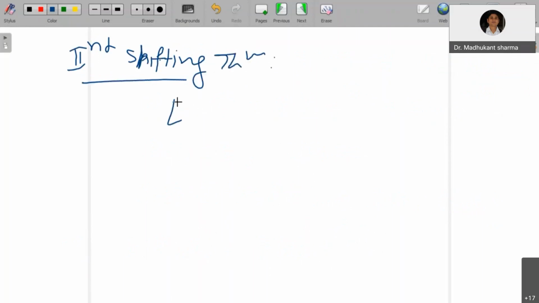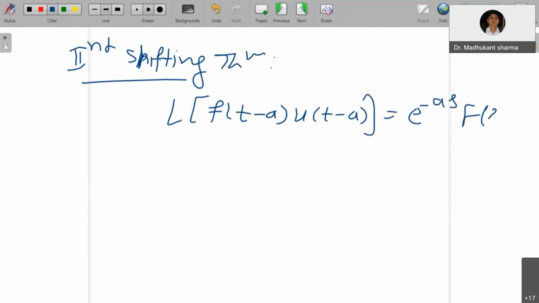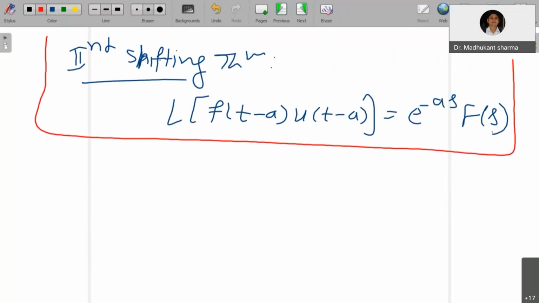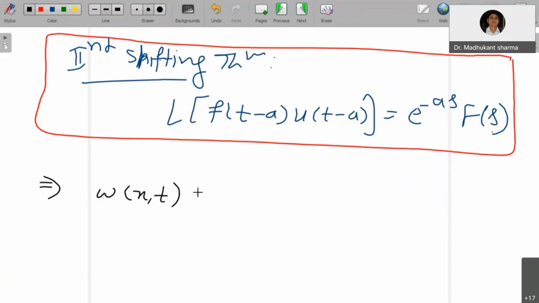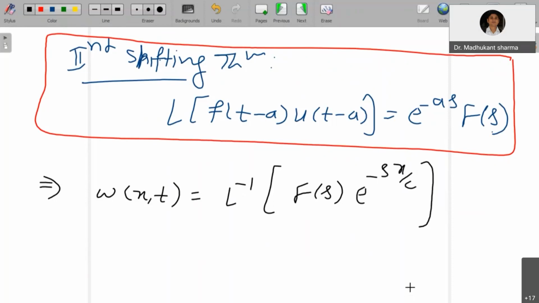The Laplace transform of f of t minus a into u of t minus a, the unit step function, is equal to e to the power minus as times f of s. If you use this second shifting theorem, then w of x comma t is equal to the Laplace inverse of f of s times e to the power minus sx by c.